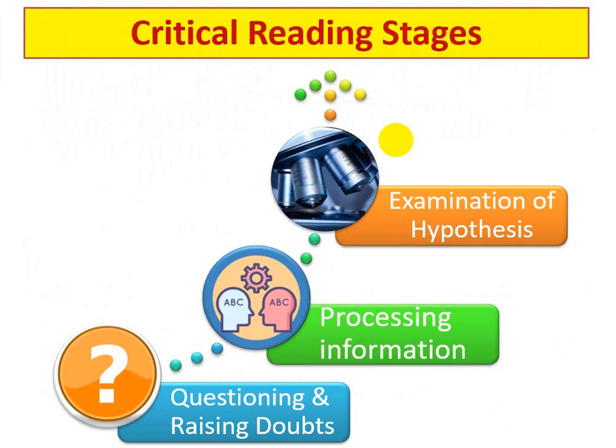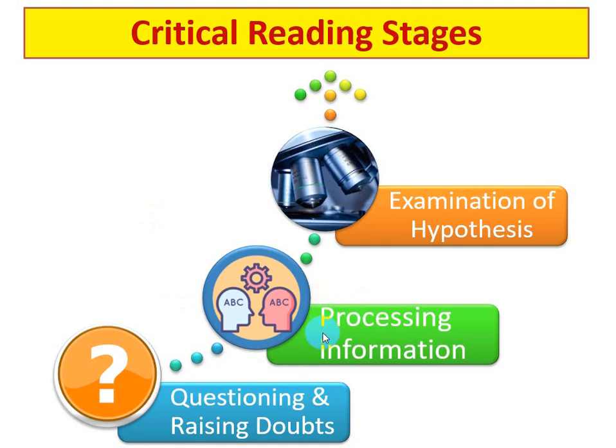Suppose you're going to read a text, a book, or an article, whether this article is a scientific one or a literary one, etc. So there are 3 stages of critical reading. First of all, you usually question and raise doubts concerning the text.